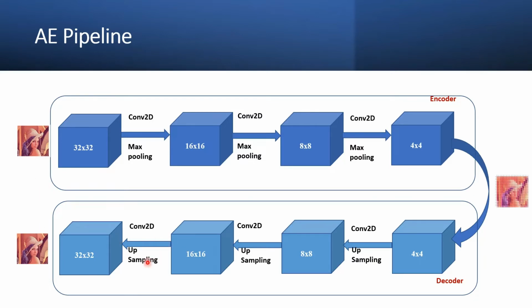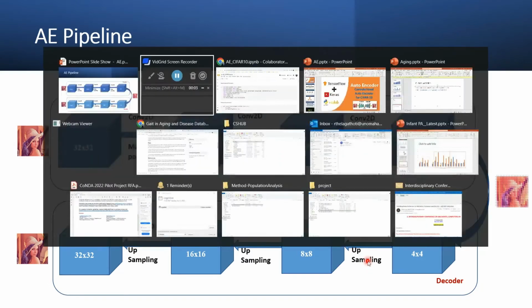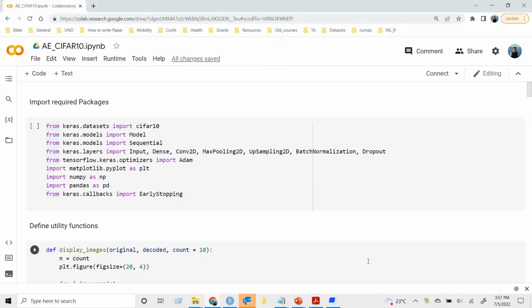And since we have to upscale the image from lower dimension to higher dimension, we will be using convolutional 2D along with upscale. Now let's go to implementation of CIFAR-10.